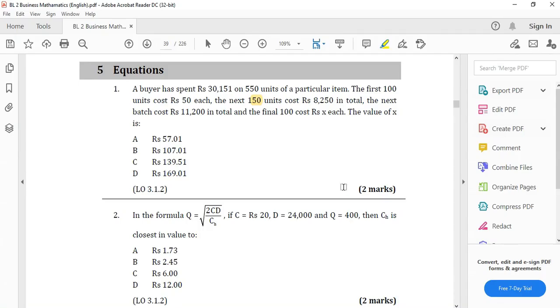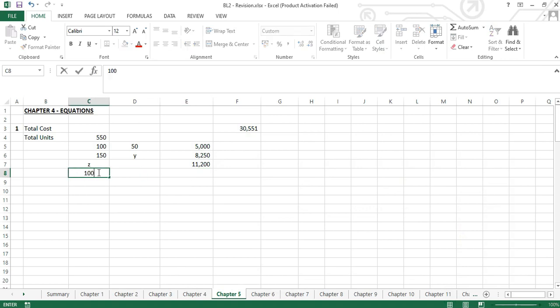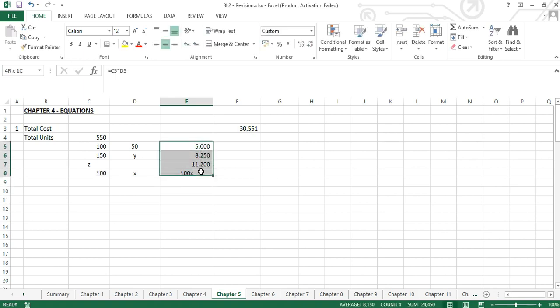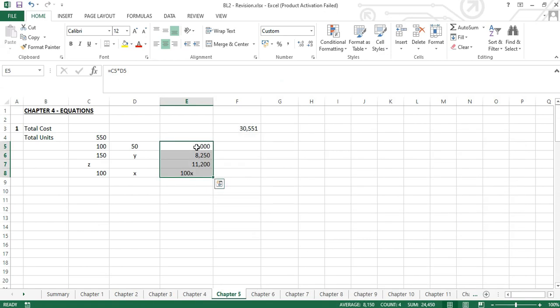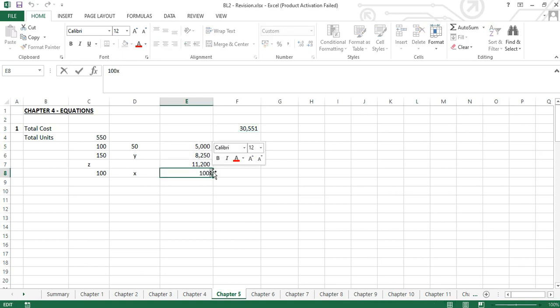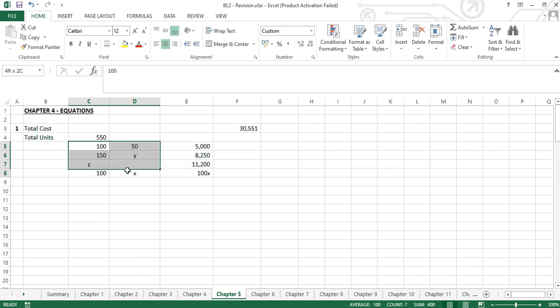Finally, the final 100 batch cost X rupees each, so it will be 100X. Now the total of these is equal to 30,551. So it's easy because we have only one unknown variable. We don't need this part, not necessary, but we need it for understanding what happened.